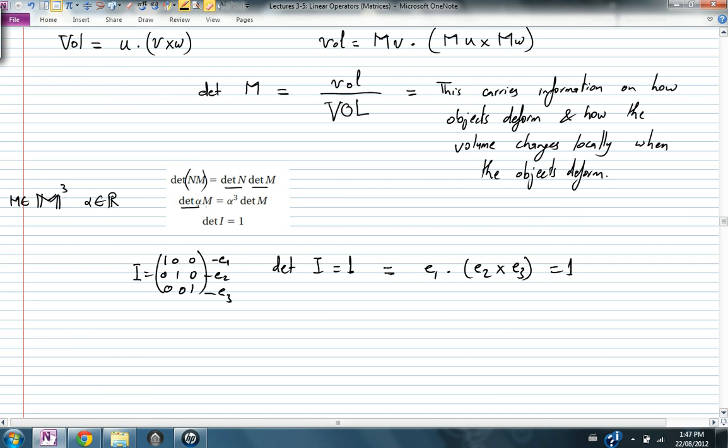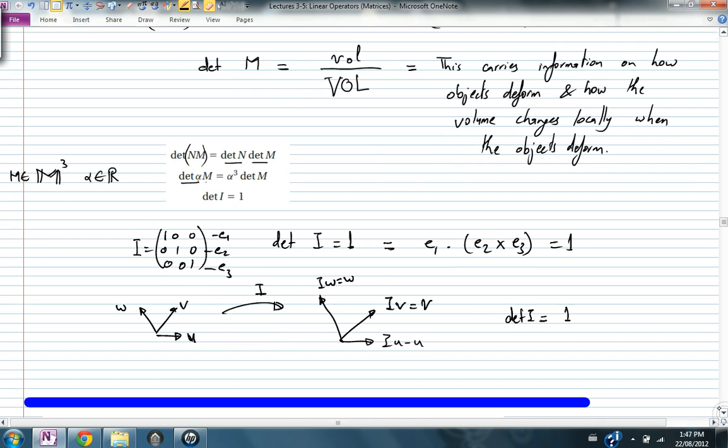Or if you look at it as the volume, if I put here u, v, w, and I multiply this by the identity matrix I, Iu will give me u, Iv will give me v, Iw will give me w, and so the new volume will equal 1. The new volume over the old volume, the ratio of the volumes, is equal to 1.